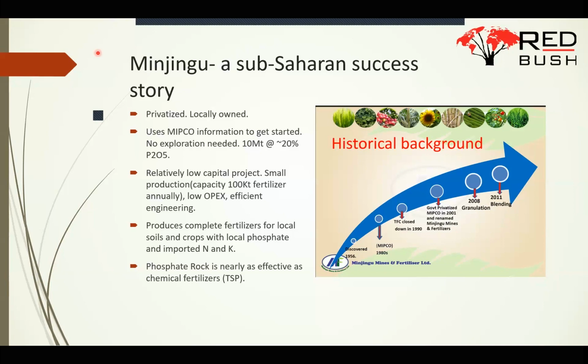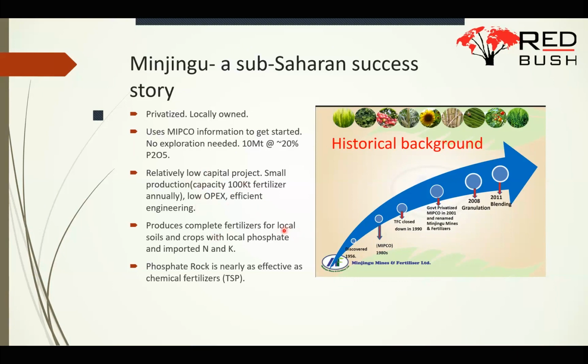However, this is a relatively low capital project. It has small production. The maximum capacity right now is about 100,000 tons of fertilizer annually. It has a very low OPEX and it has very efficient engineering. So what they've done here is instead of just buying an off-the-shelf fertilizer plant, they have redesigned something to be cost-effective and easy to run.